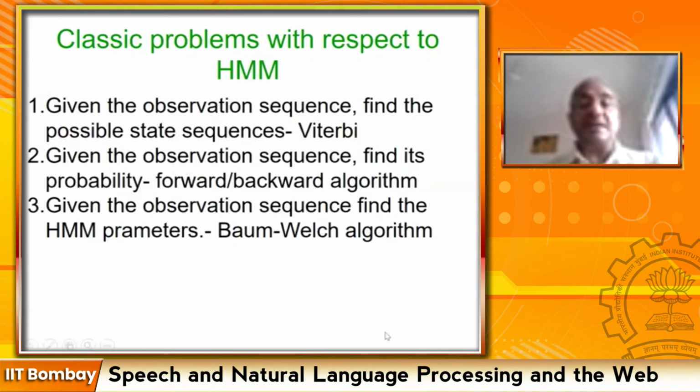That has tremendous application in machine translation, natural language generation, question generation, any situation where a sequence of textual segments has to be produced. And the third question is indeed the learning question, where you get the parameters of the hidden Markov model from the data. So this is the set of three classic problems with respect to hidden Markov models.